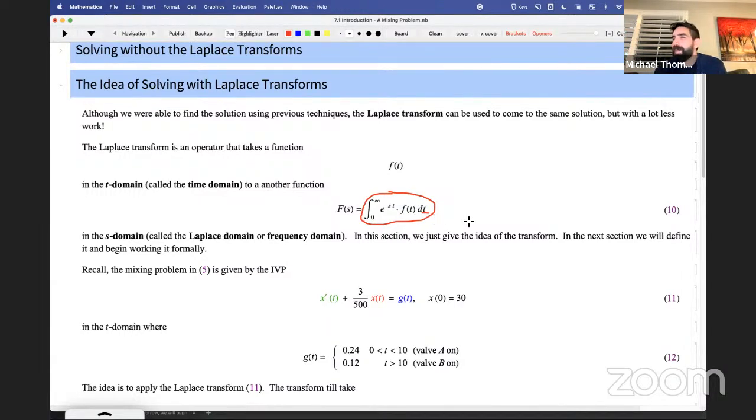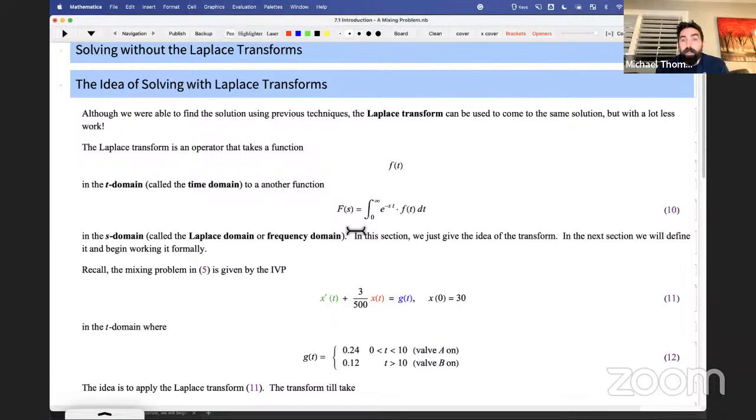What happens to that variable at the end once you evaluate it? Does it appear in the answer or not? No, it's evaluated, it's done. So is it fair to say that once we're done, this is going to be a function of s alone? Okay, yeah, and that's what the transform is. It's a function of s.